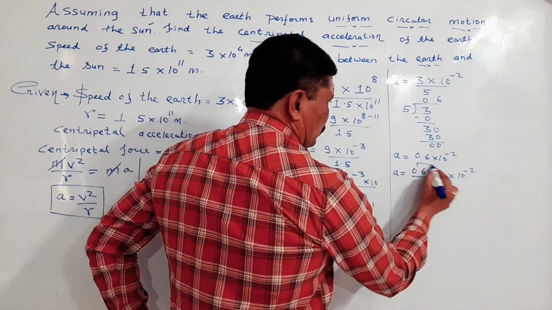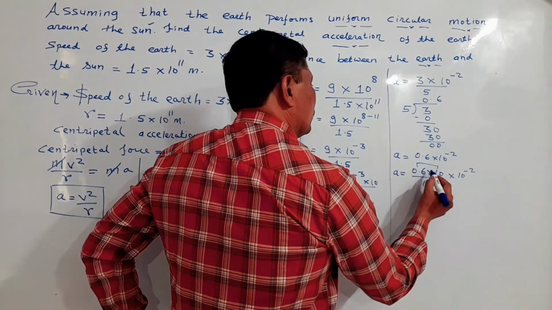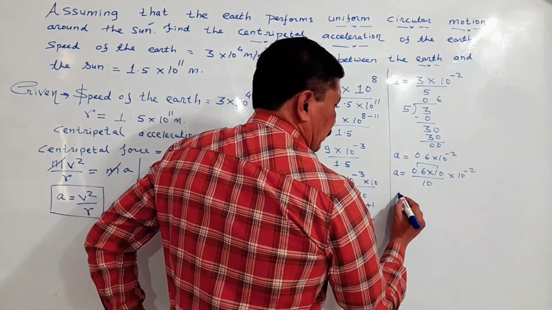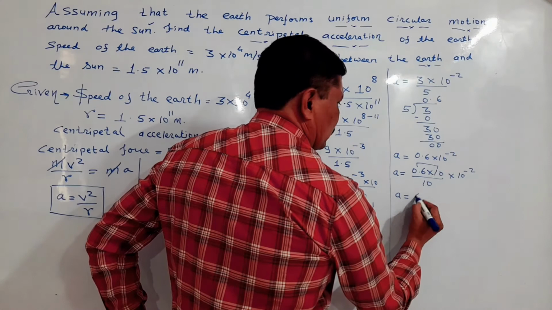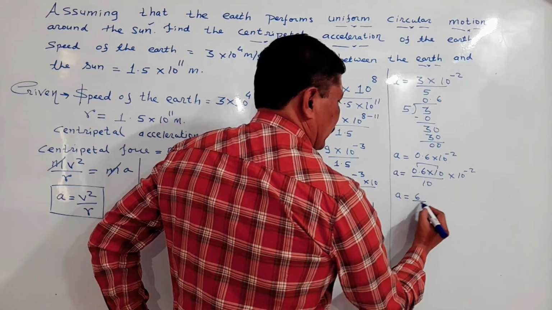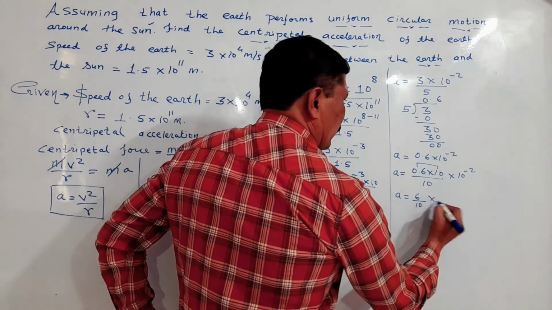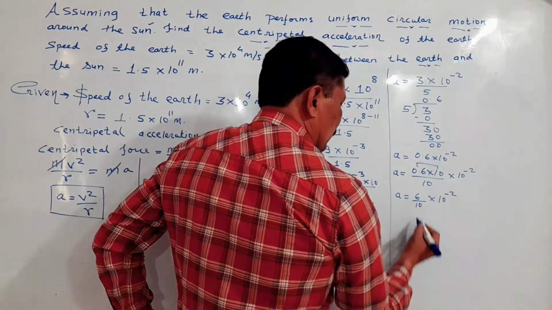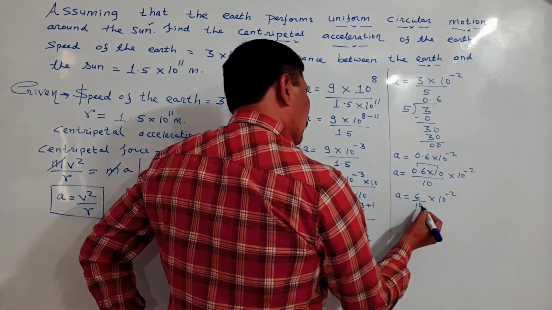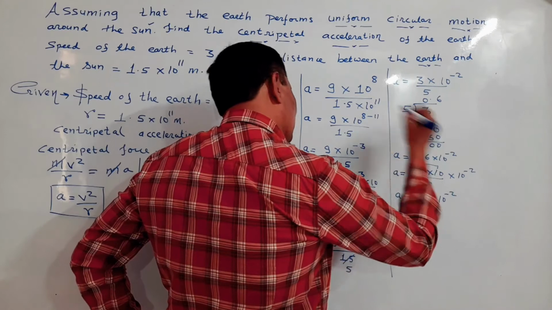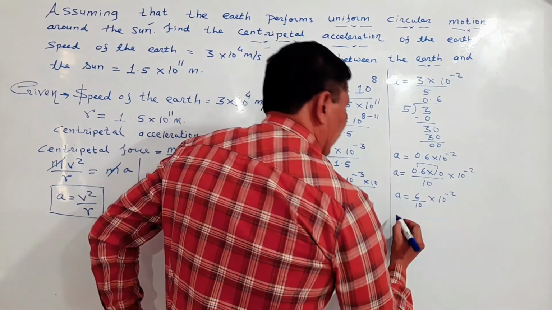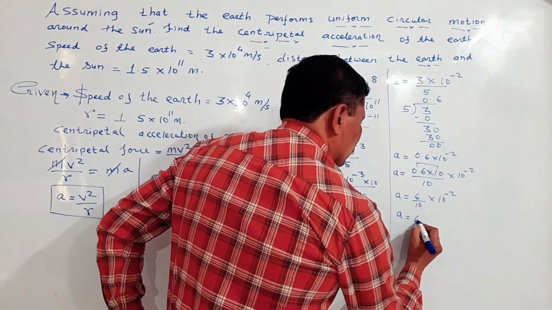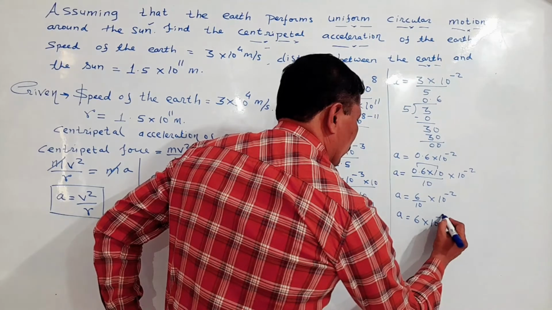So here 0.6 into 10, when we multiply, we get 6, in the denominator we get 10, and here we have 10 to the power minus 2. Now this 10 to the power 1 we can take in the numerator, and then we can write a is equal to 6 into 10 to the power minus 2.